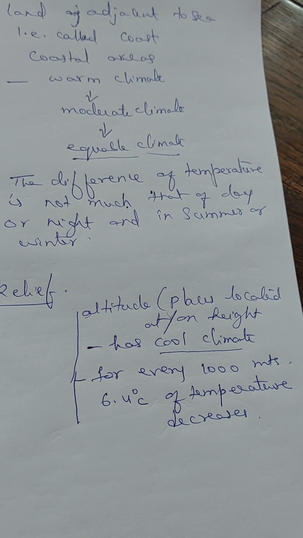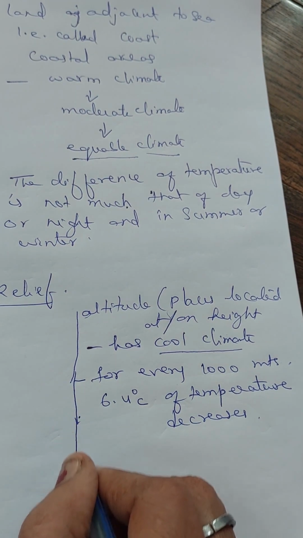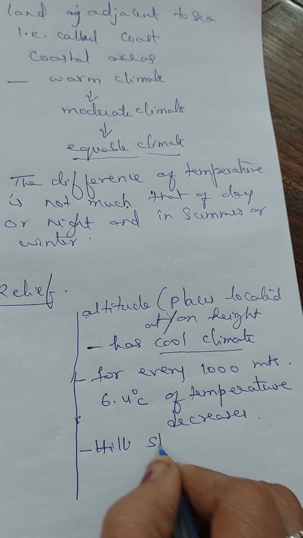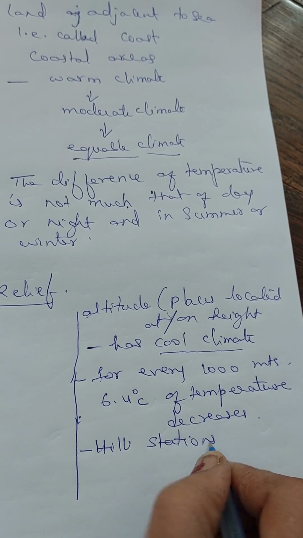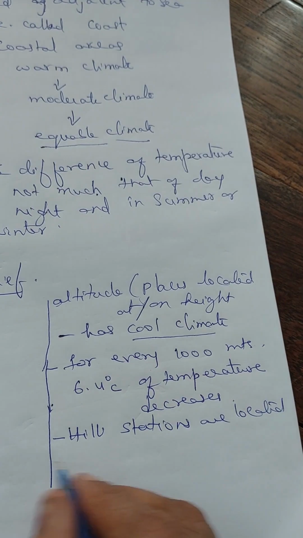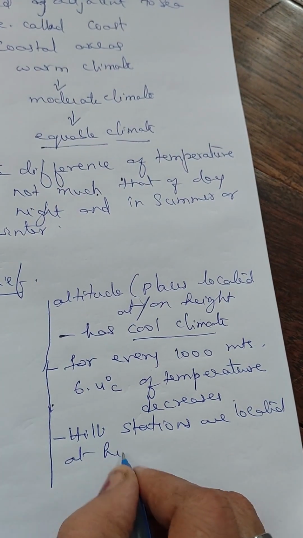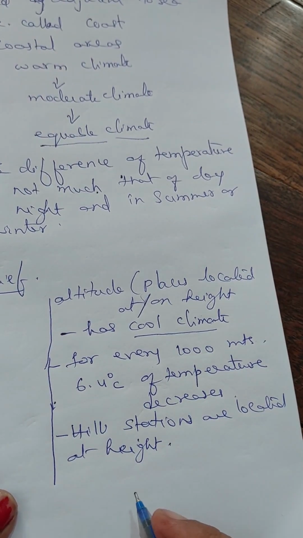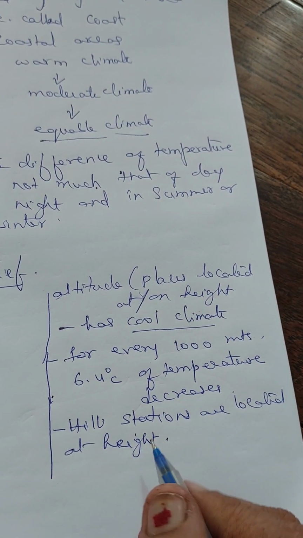That's why it is a cool climate. So that is why hill stations are located at height. Many people, to escape from heat, go to hill stations during the summer season.